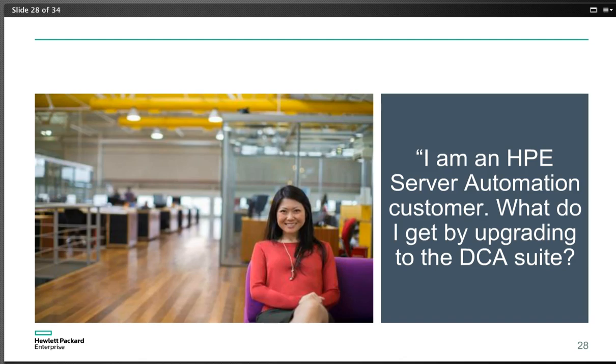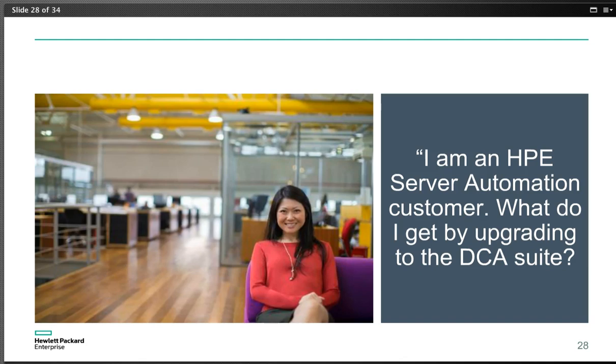And then lastly, we are now offering, as part of the data center automation solution, the ability to manage databases and middleware lifecycle as well. This used to be a separate product in the past. Those database and middleware automation capabilities are going to be available to our server automation customers as well.